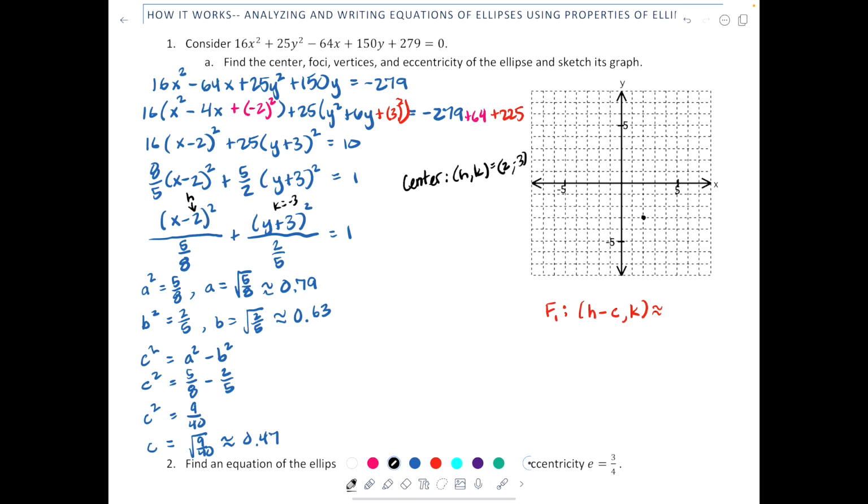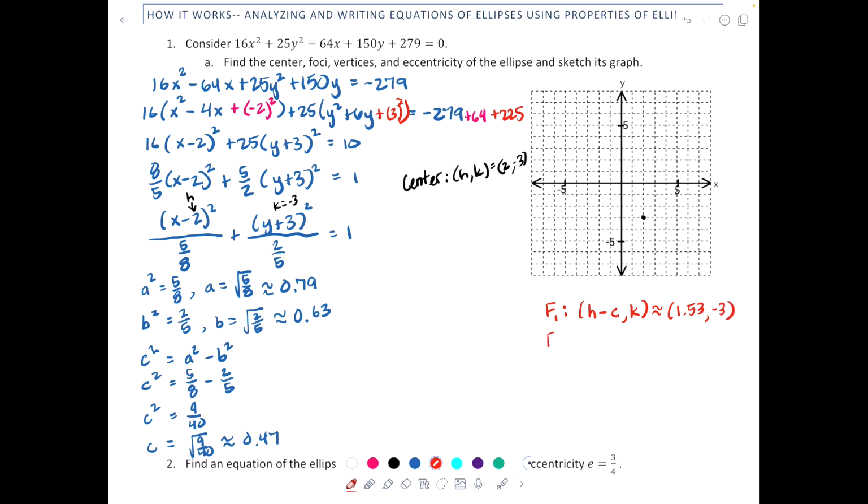And then our first focus will be H, which was 2, minus C, which is 0.47. So we'll have it at about 1.53, and then K is -3.